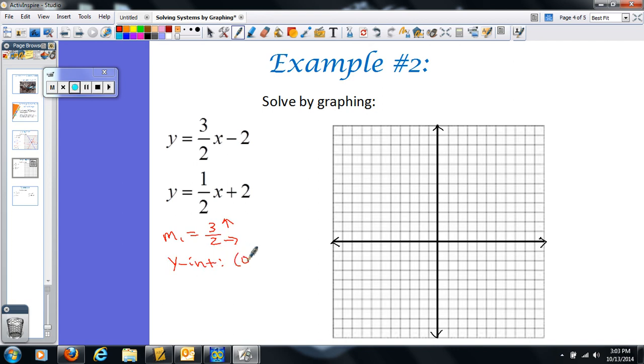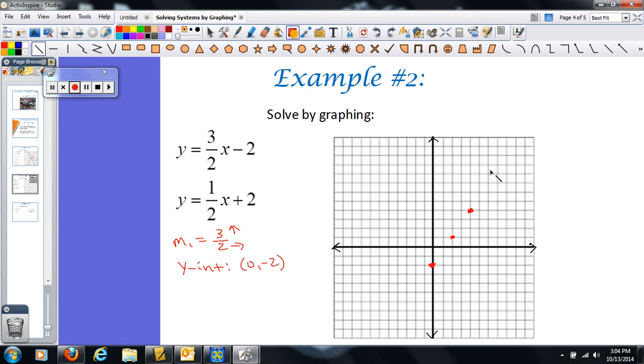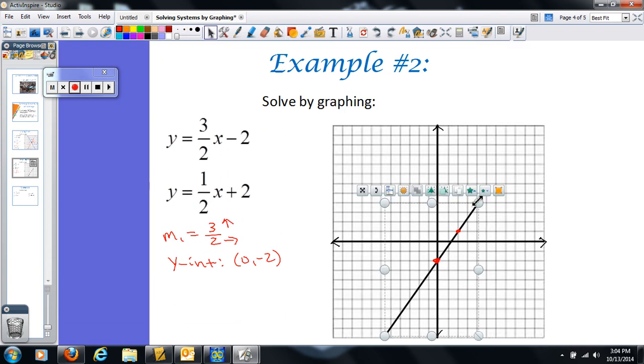Y-intercept is at 0, -2. 1, 2, 3, 1, 2, put a point. 1, 2, 3, 1, 2, put a point. We're going to go ahead and graph the line now. And let's make that red.